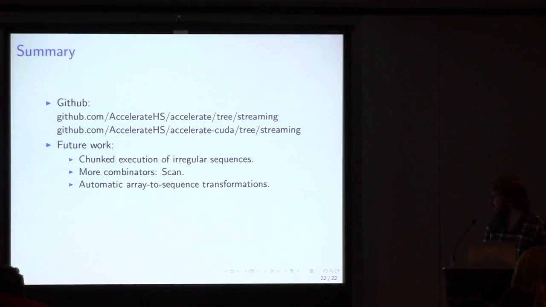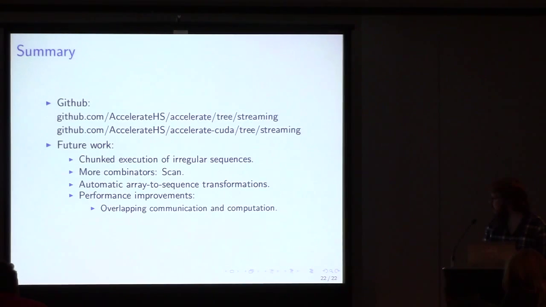We might want to infer these sequence annotations or sequence syntax. There are also some performance improvements, like overlapping transfer and computation and multiple GPU support, like the last talk. Our model might actually have some nice support for that. So, questions?